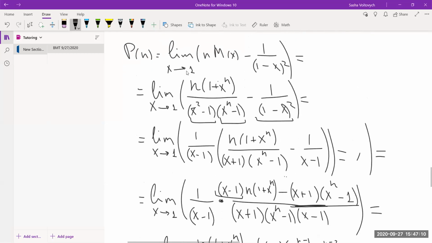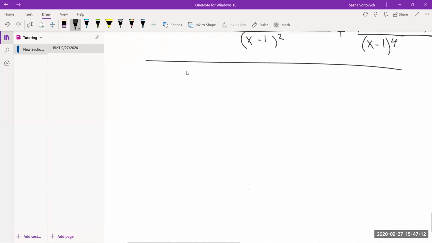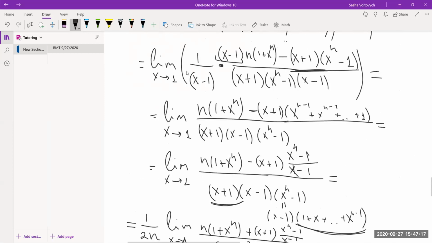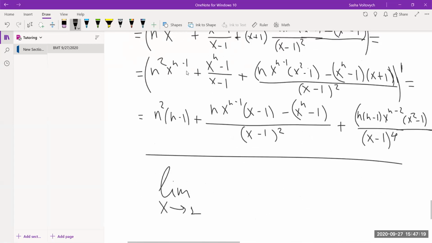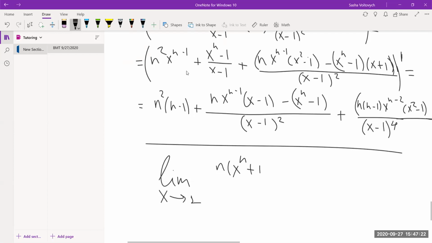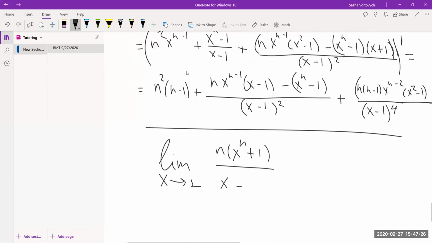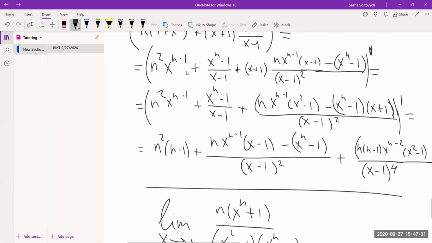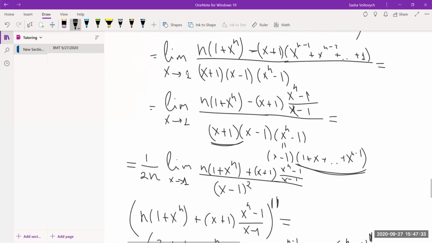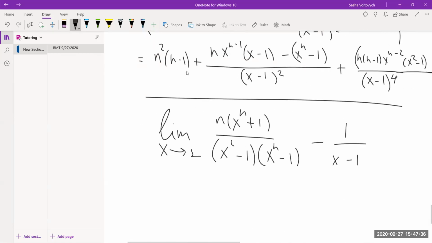So we have to evaluate this. If you guys have any ideas how to do it easier, then you can just write in the chat.